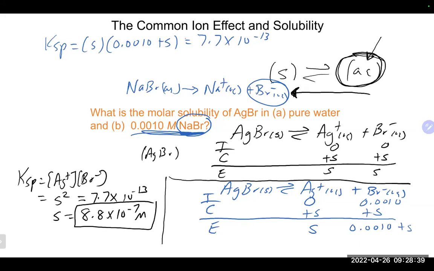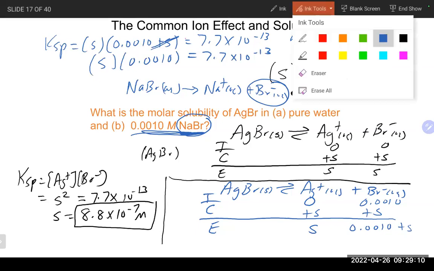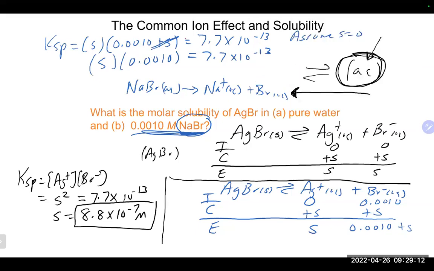Is this K value large or small? It is small. When we have a small K value, we can assume that S is approximately 0 compared to 0.001, just like what we do with X. So by doing that, that gives us S times 0.001 is equal to 7.7 times 10 to the minus 13. Let me clear this up a little bit.